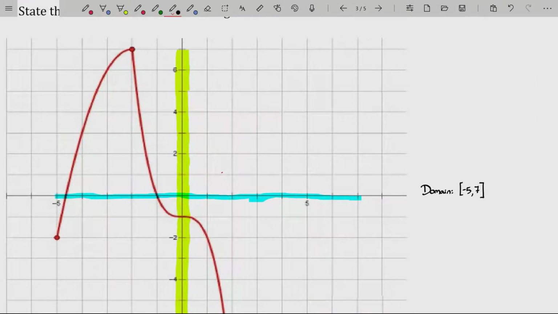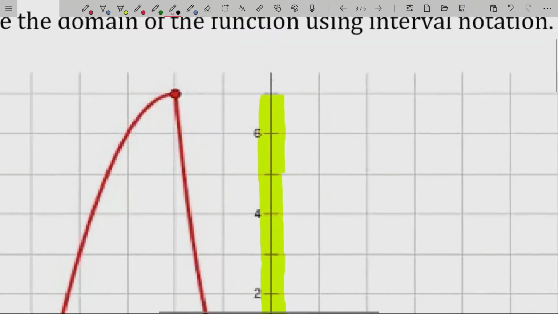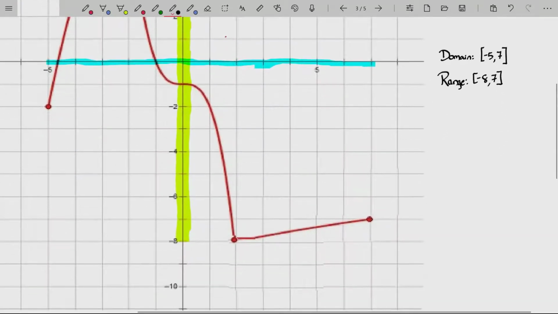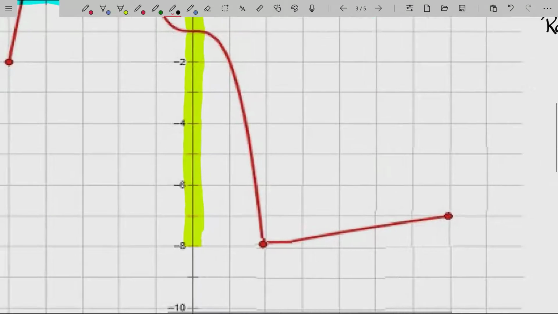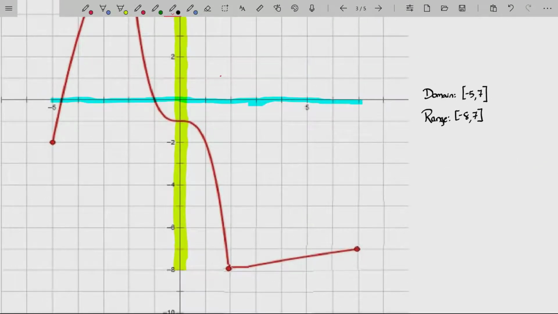And so I'll go ahead and write that down. The range goes from -8 to +7 inclusive. I'm including those endpoints because you can see that solid red dot there, and you can see the solid red dot down there.